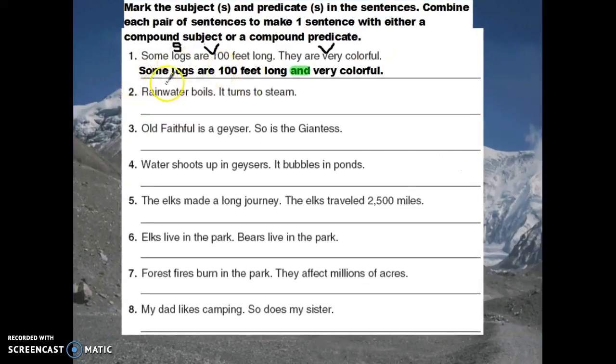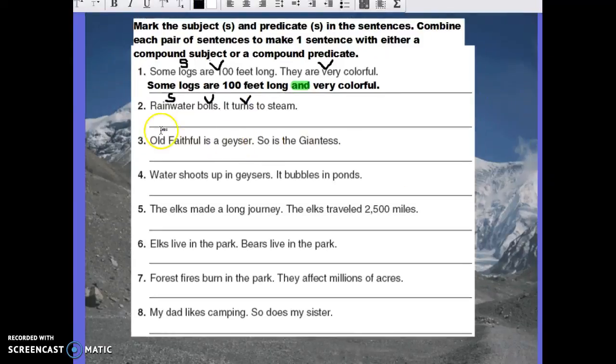Number 2, rainwater boils, it turns to steam. So the first one is talking about rainwater. So that's my subject. It turns to steam. It is referring to the same thing, back to rainwater. So I have the same subjects there. So that must mean I have two predicates. Boils is a verb, and then turns into steam is my other verb.